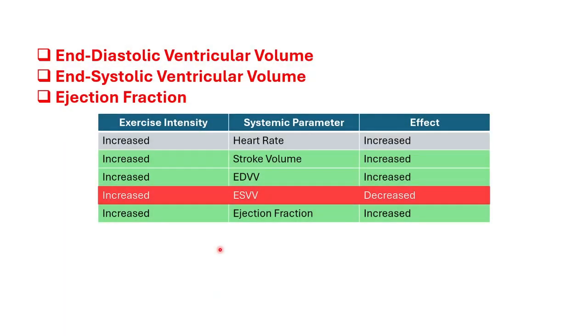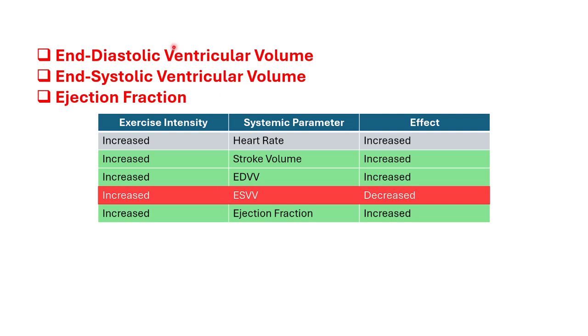These three concepts look like a lot, but let's go over them slowly. So we know that diastole refers to the phase where the heart relaxes, and systole refers to the phase where the heart contracts.